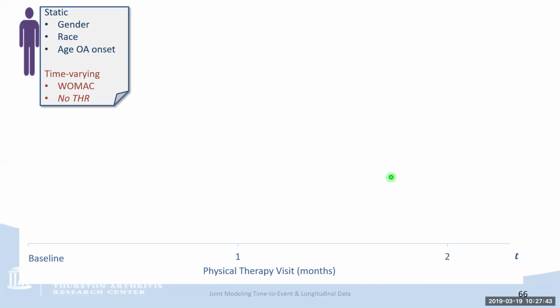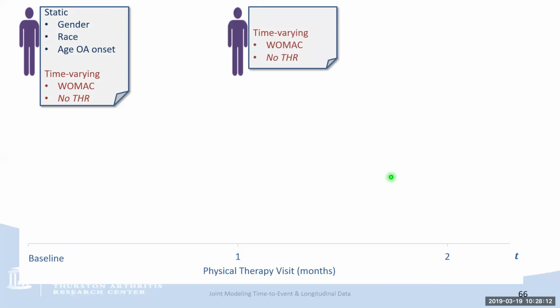The first visit will begin with an initial evaluation. The PT will ask the patient to gather more information about the history of the problem, for example, age at hip OA diagnosis, medical history, and personal information such as gender and race. And this information will be collected only once, so it will not change.